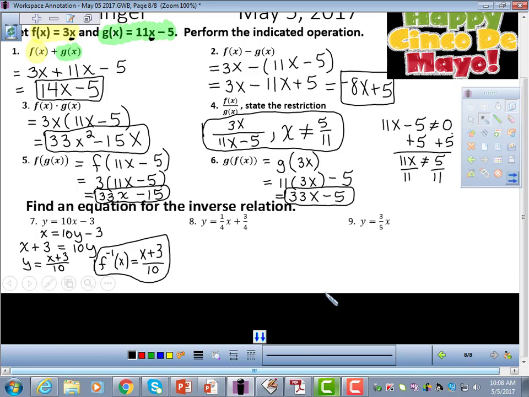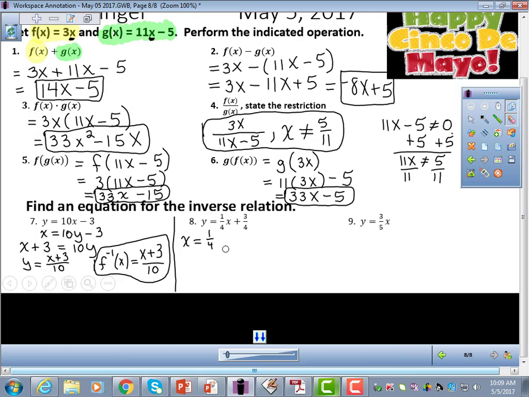Okay. Then your favorite, fractions. What do I do first? Switch the x and y. X equals 1/4 x, oops, 1/4 y plus 3 over 4.